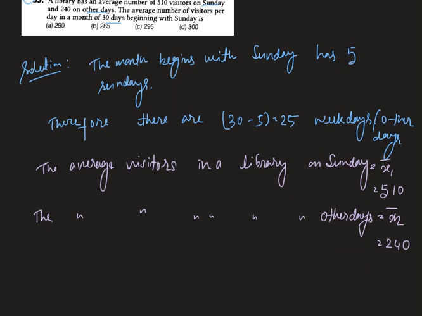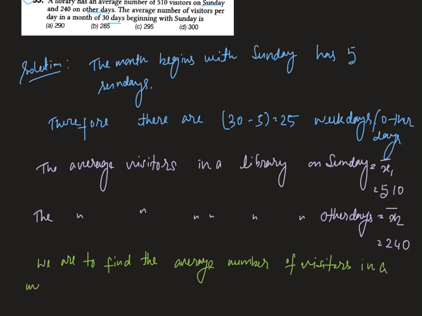Now we have to find the average number of visitors per day in a month with 30 days.